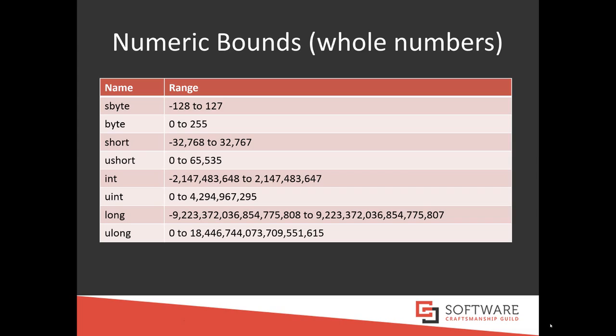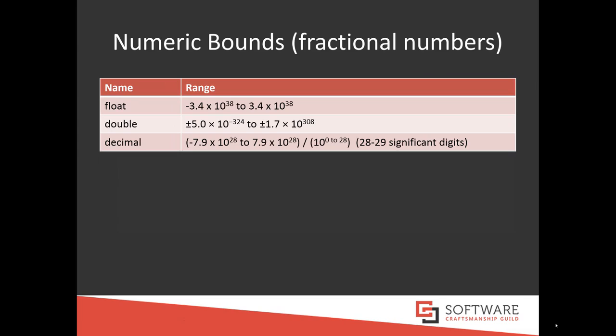So if you had a list of numbers, say between 1 and 10, it would make sense to use a byte to represent that. Now in these days when we have lots of computing power and lots of memory available, developers tend to be a little bit lazy and they'll just go to int for every whole number. And most of the time that's okay. As you can see though, from smallest to largest, we have byte, short, int, and long.